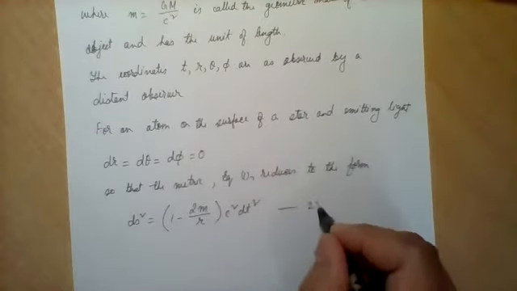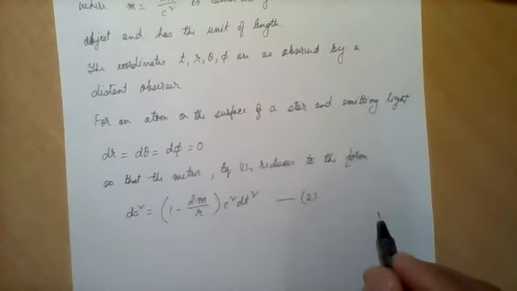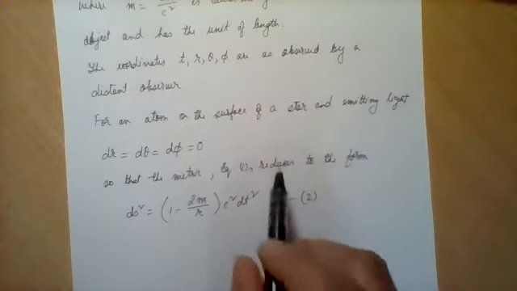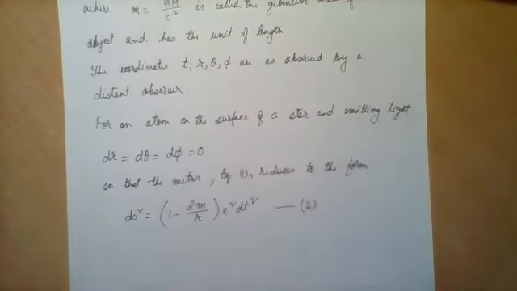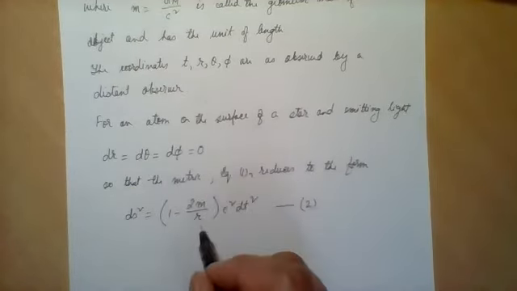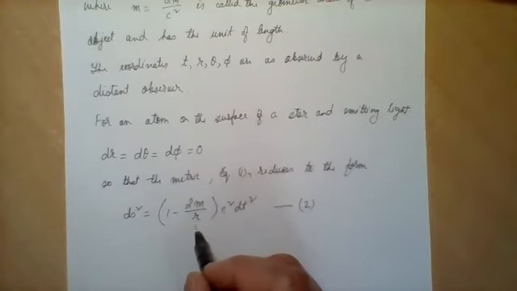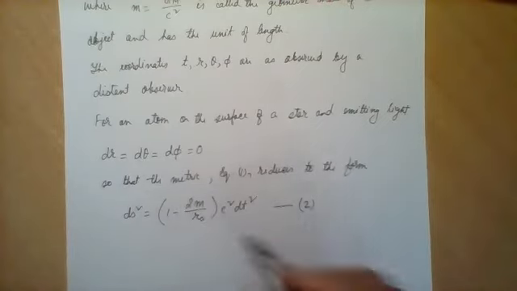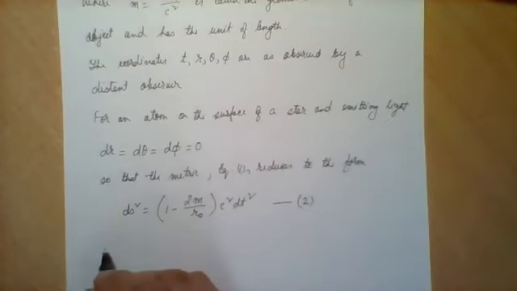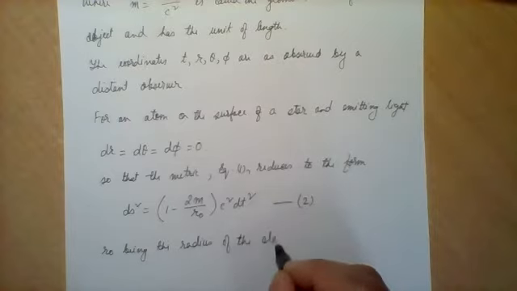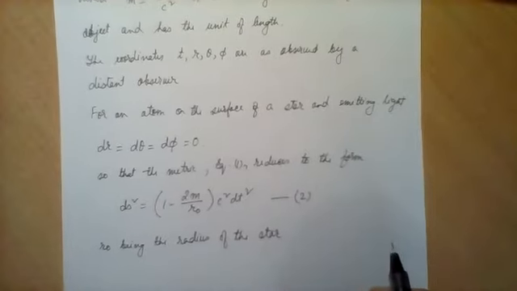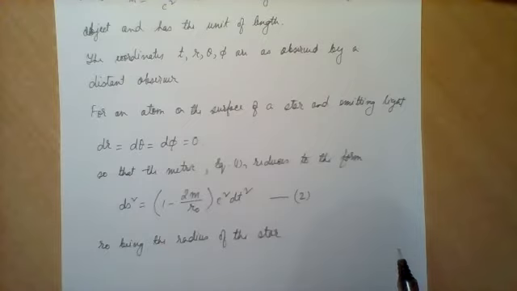This we call equation number 2. And then since the atom is on the surface of the star, this r should be the radius of the star. So radius of the star, let us call it r0. Okay, fine.